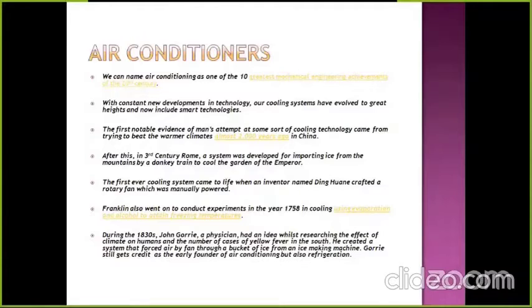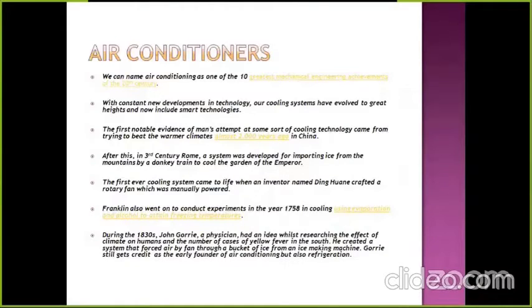And after that, Franklin conducted the experiment in 1715 using the evaporative cooling method, so that the freezing temperature can be achieved.